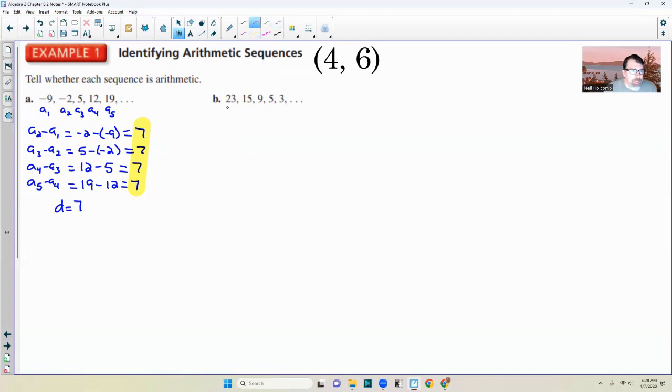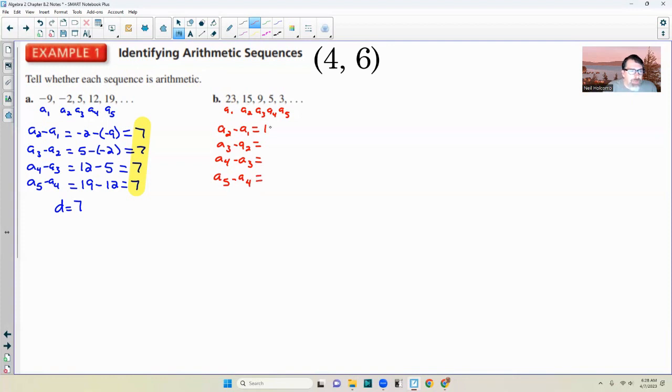So here we go. Here's a sub 1, a sub 2, a sub 3, a sub 4, and the 3 is a sub 5. So I'm going to say a sub 2 minus a sub 1, a sub 3 minus a sub 2, a sub 4 minus a sub 3, and finally a sub 5 minus a sub 4. So I want to find out what all these equal.